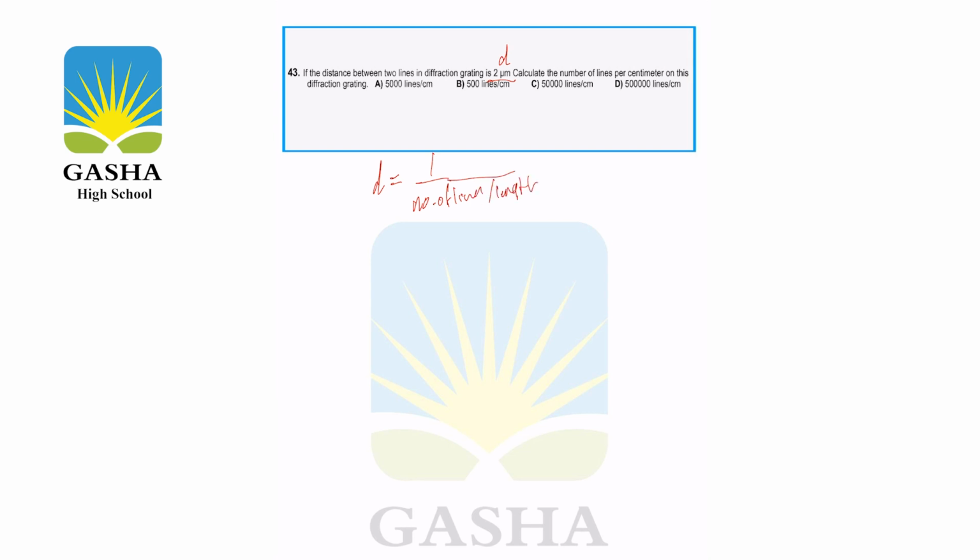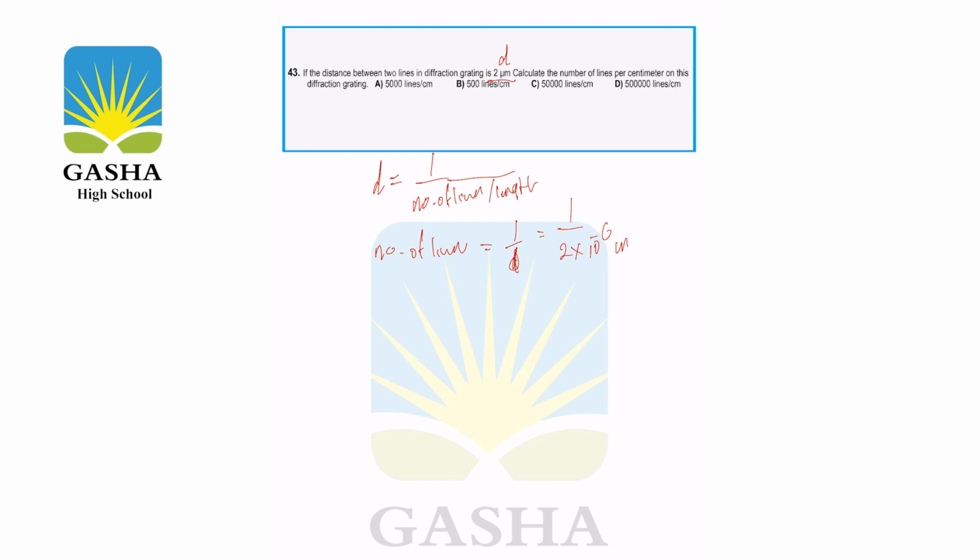So here we have to find the number of lines. So number of lines per unit length is equal to 1 over D. And that's 1 over 2 times 10 to the power negative 6 meter. So my answer will be in meter.